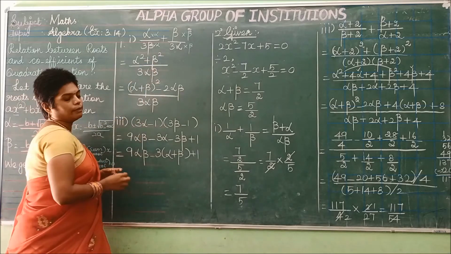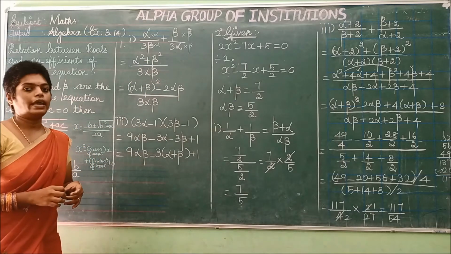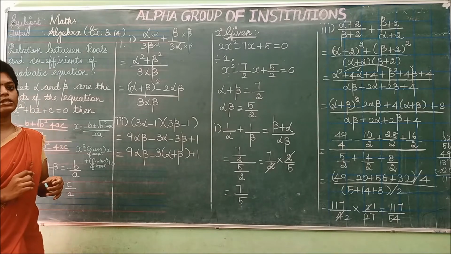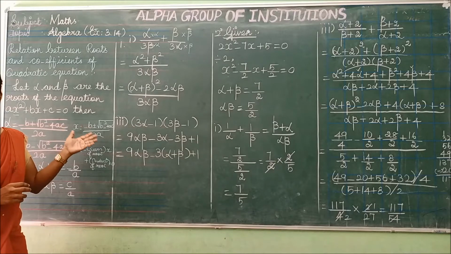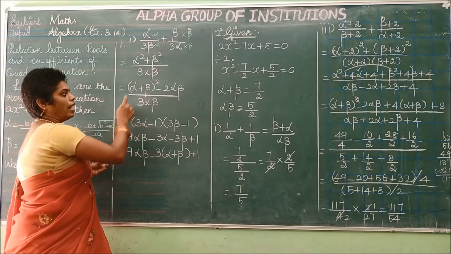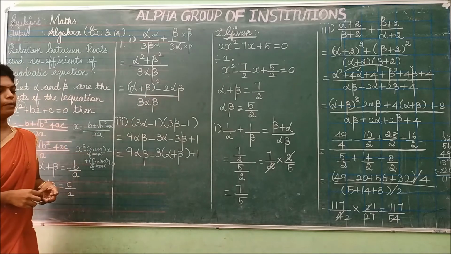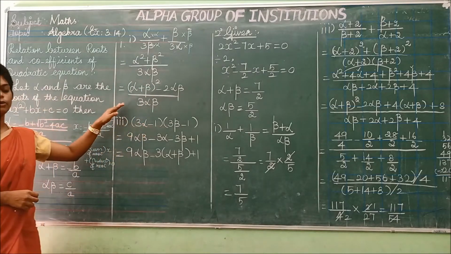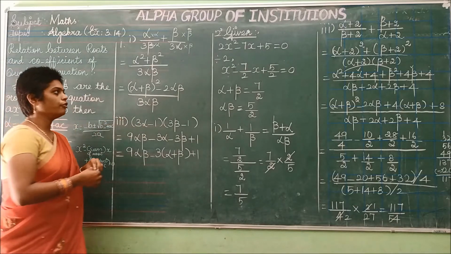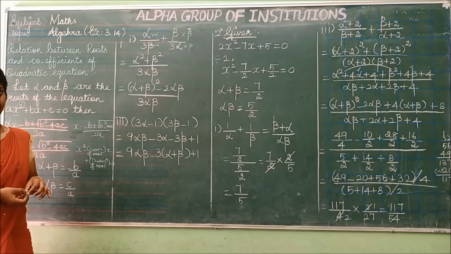You know one formula: a squared plus b squared is equal to a plus b whole squared minus 2ab. Here a is alpha and b is beta. So it is alpha plus beta the whole square minus 2 alpha beta, and the denominator contains 3 alpha beta. Now this expression is in the form of alpha plus beta and alpha beta.